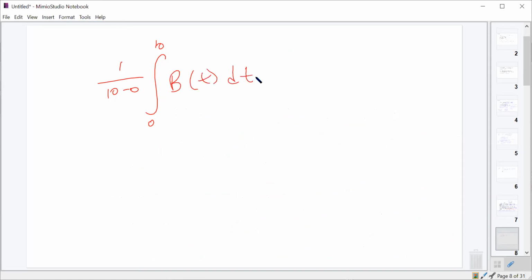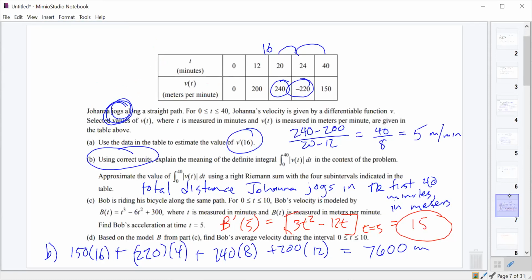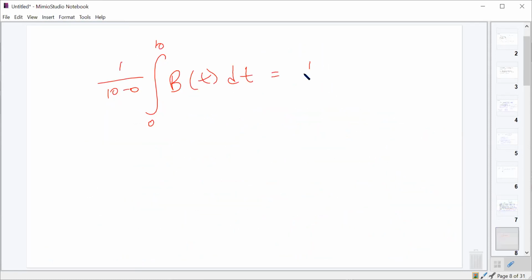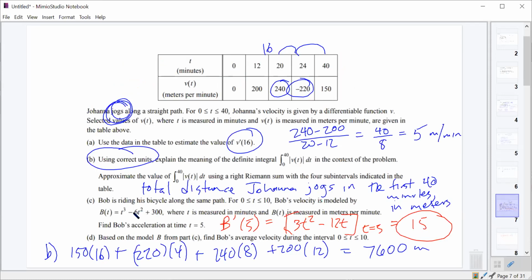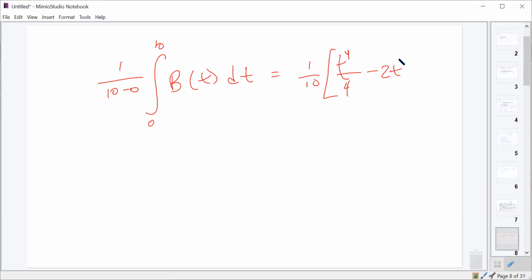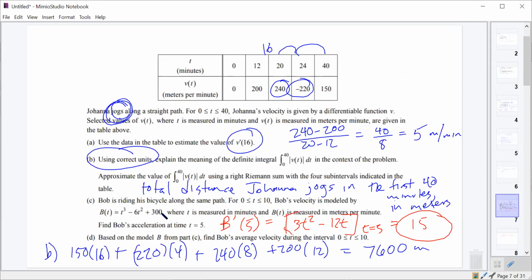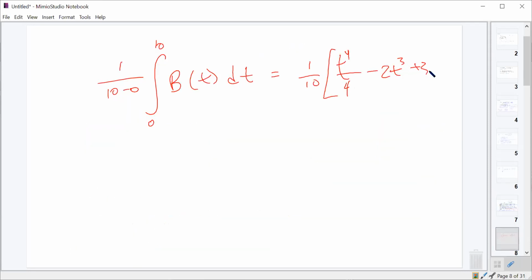And what was Bob's velocity equation? It was t cubed, so that's going to be 1/10 at the beginning, times t to the 4th over 4. And then minus 6t squared ought to become minus 2t cubed. And plus 300 ought to become plus 300t. And we're going from 0 to 10. Everybody good with that?